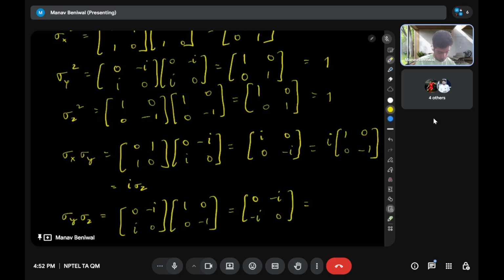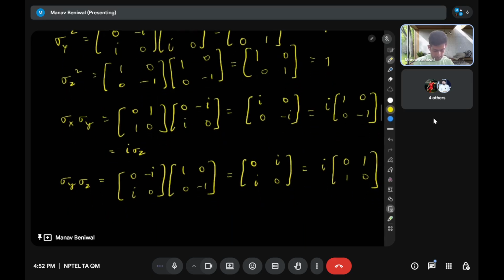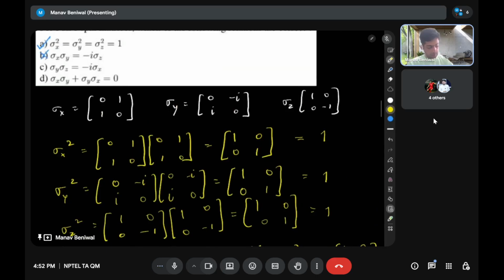This will be plus iota, but this will also be plus iota, because this minus iota will be multiplied with minus 1. So this is iota times 0 1 1 0, and this is nothing but sigma x. So this is iota times sigma x, which means option C is also incorrect.